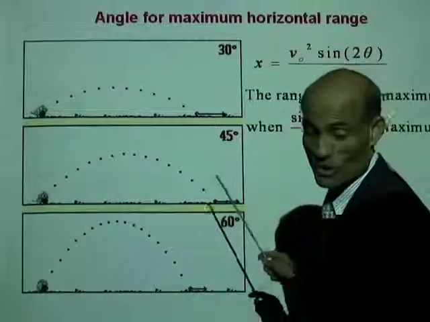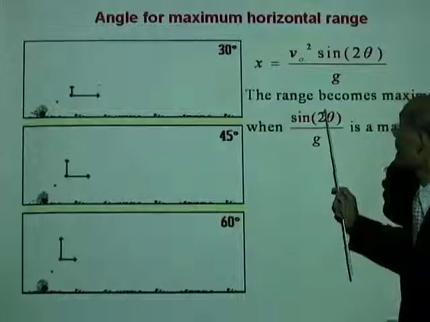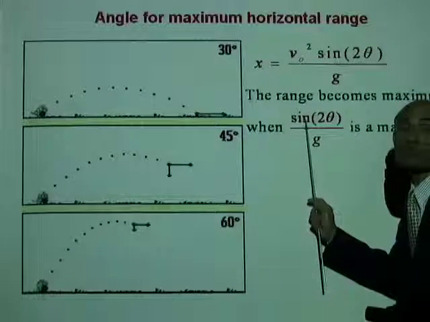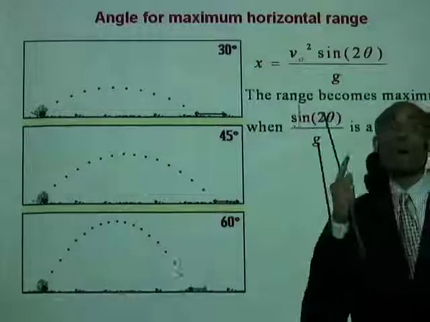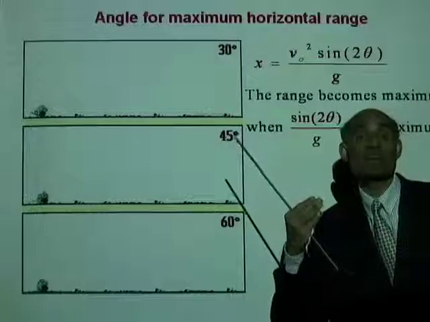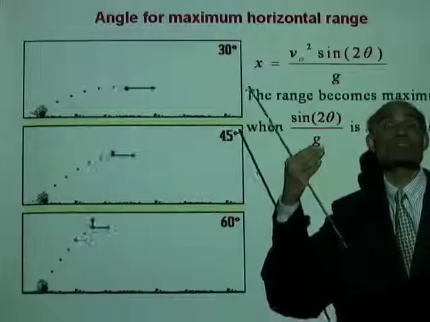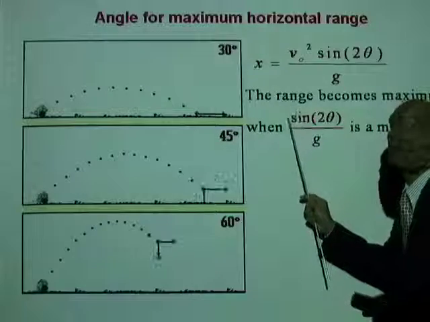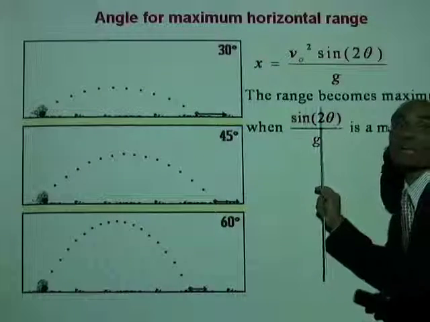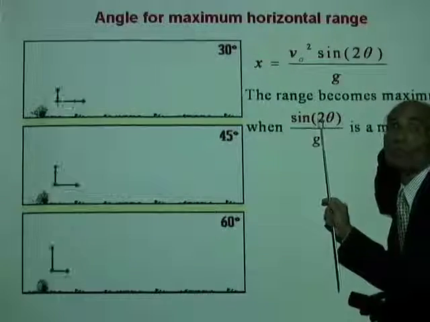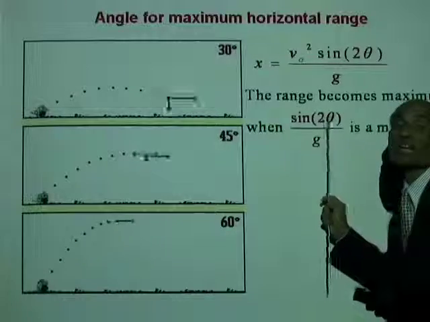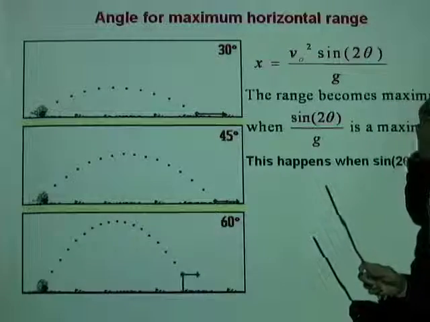So this quantity will become maximum when sine of 2 theta becomes 1, because sine of a quantity cannot be greater than 1. And when will this sine of 2 theta become 1? When this angle 2 theta is 90 degrees.